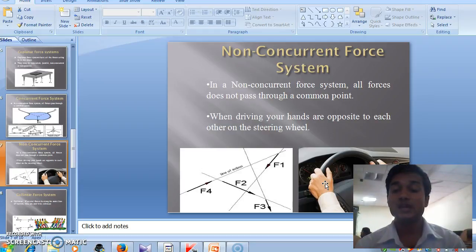Ultimately our left hand comes to the top position, while the right hand moves toward the downward position. These two forces act in opposite directions, and their lines of action do not pass through a single point. Such forces are called a non-concurrent force system.